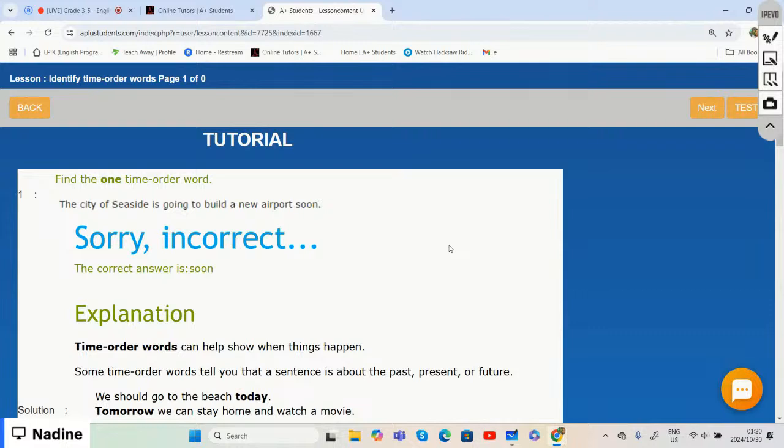We need to identify the one time order word within that sentence.